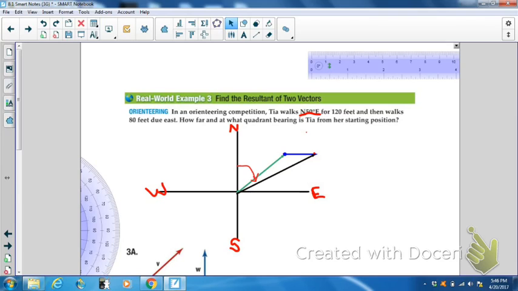So I'm going to get my protractor out and I'm going to measure that angle because that'll tell me her quadrant bearing. And then I also want to measure the length then of the black vector.